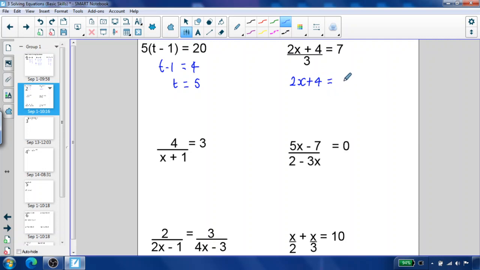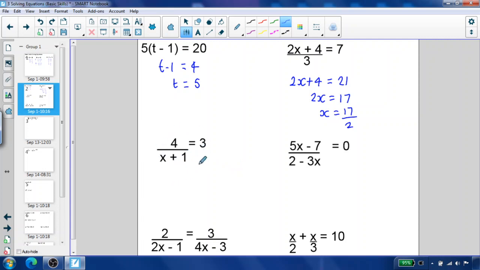And then 7 multiplied by 3 is 21. Now I want to move this 4, so minus 4 from both sides, 2x is equal to 17. And then the final step, just divide both sides by 2, 17 over 2. And I can leave it like that, or change it to a decimal because the decimal is quite nice.